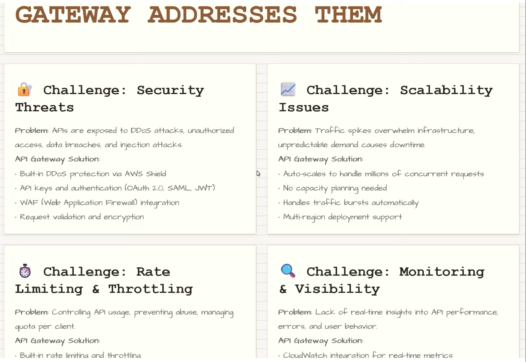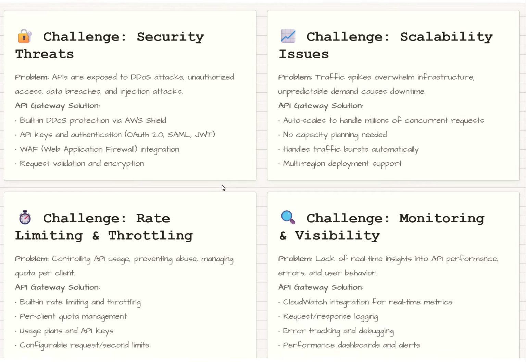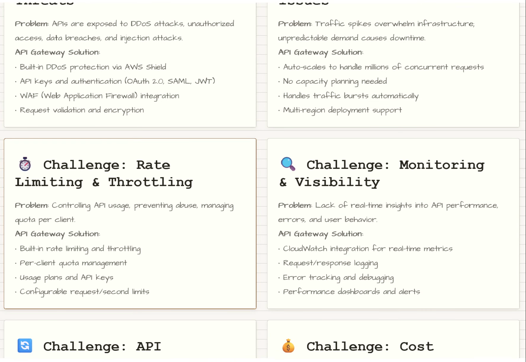Let's say you're getting festive season traffic, like Christmas or New Year time. You're going to get more requests from your e-commerce website, but auto scaling will handle concurrent connections.